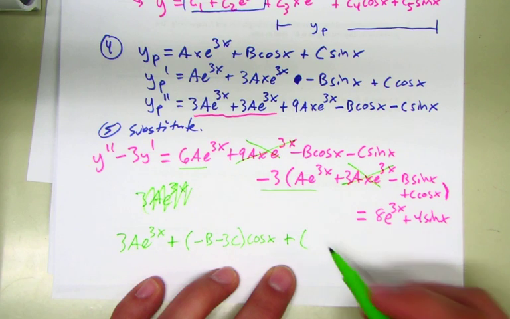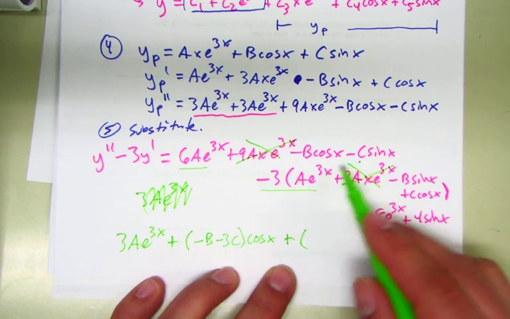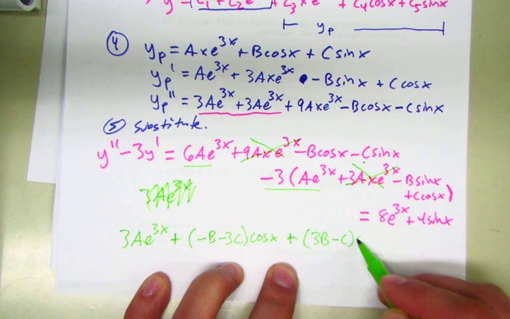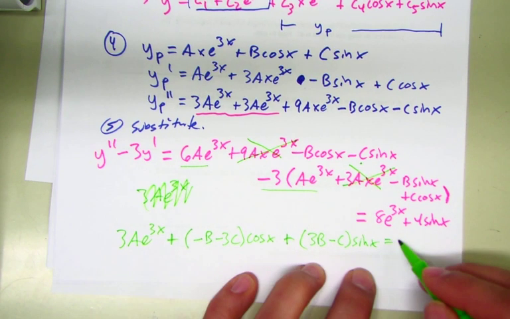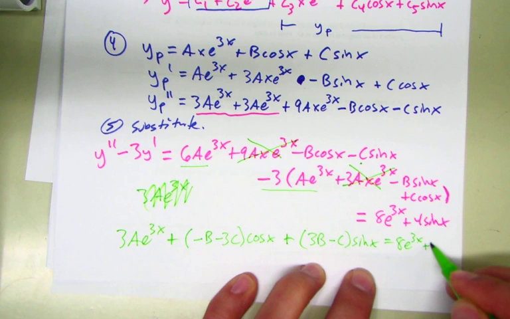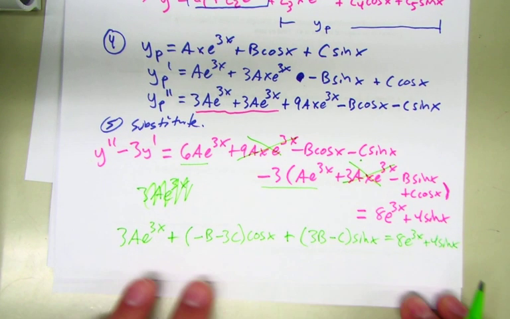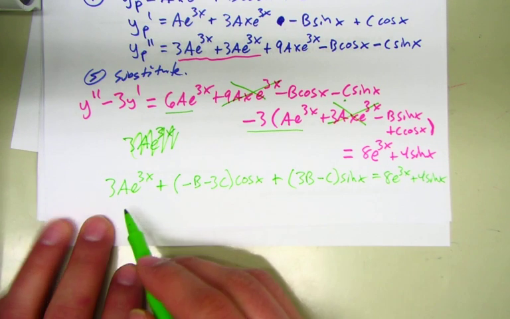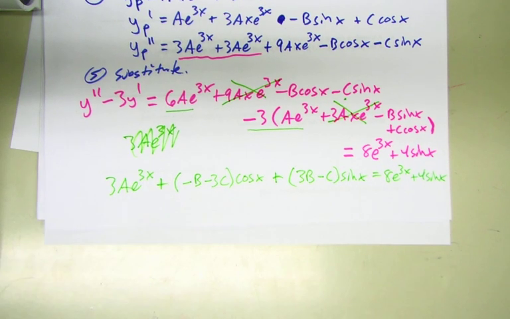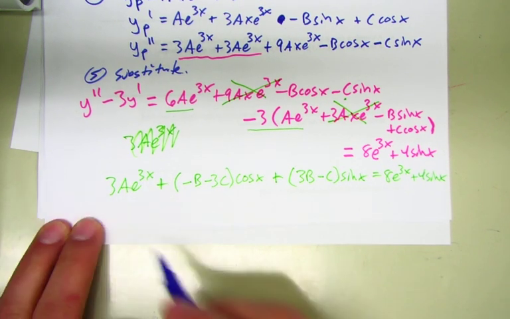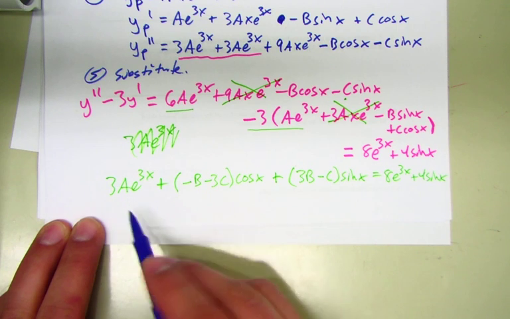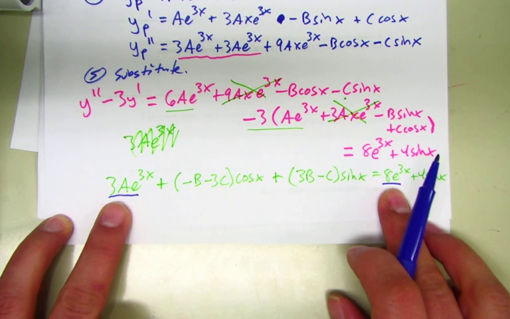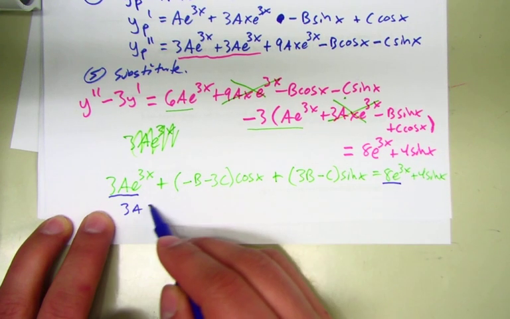So we'll have negative c, positive 3b, so I'll do 3b minus c sine x. And again, that needs to equal 8e to the 3x plus 4 sine x. And so from here, you can see what needs to happen. This is the only exponential on the left and on the right, so 3a has to equal 8.